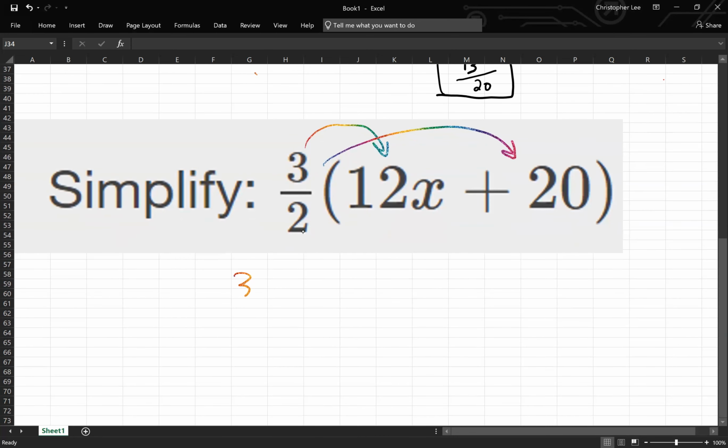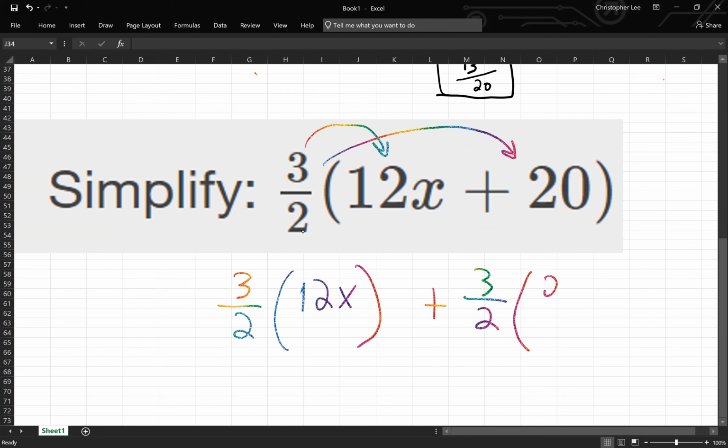I have 3/2 times the 12x plus 3/2 times the 20. Now remember the 12x and the 20, those are whole numbers, right? So I could write those over 1. And then now it's real simple: just multiply straight across.